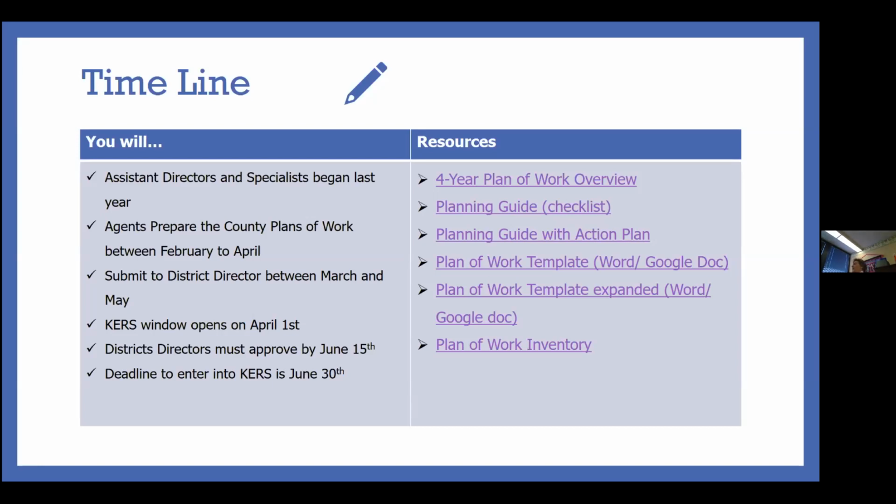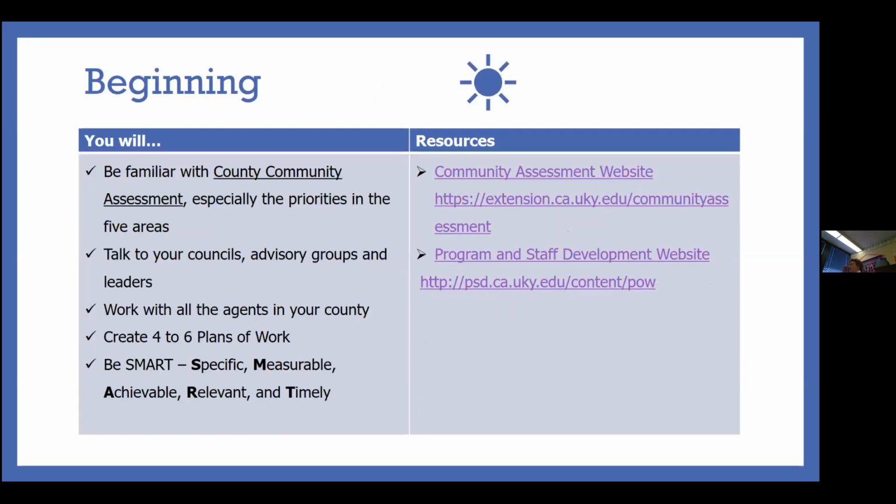And whenever you give the materials to the district directors, they need to have it back to you no later than June 15th. But keep in mind, you're going to have vacations that you're wanting to take, camp dates are going to be there, prepping for county fair. So make sure you allow yourself plenty of time to do that.